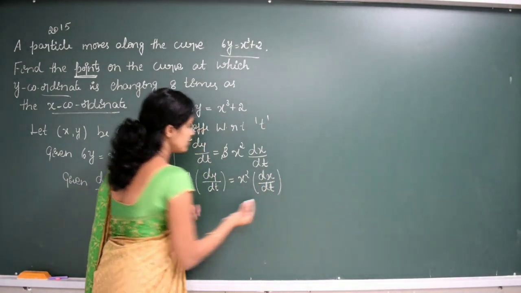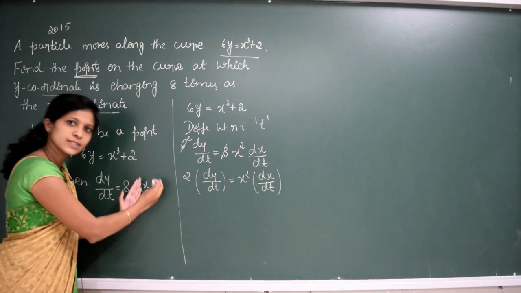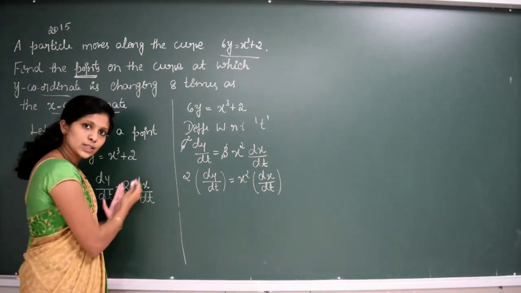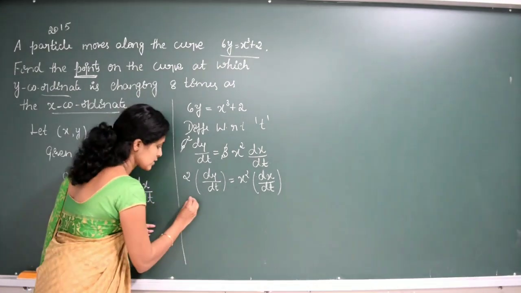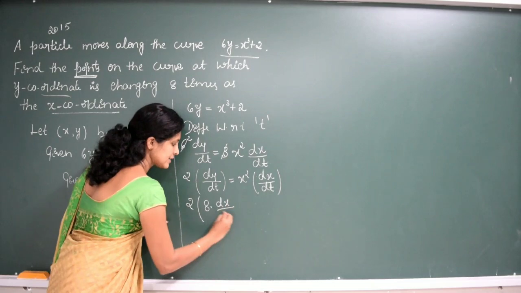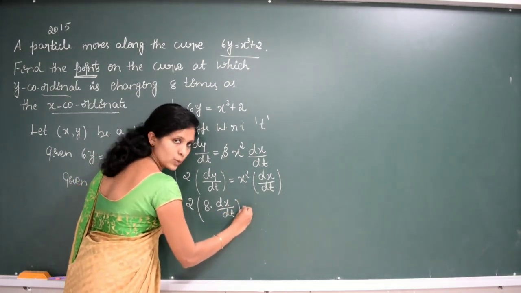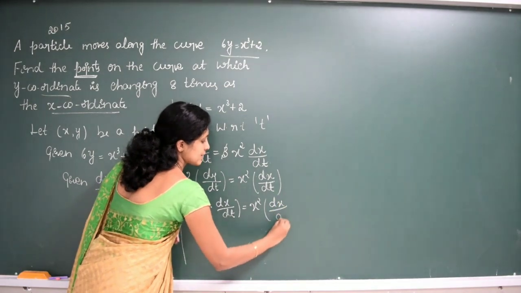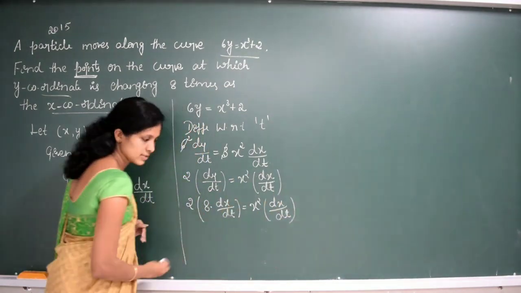The value of dy by dt is 8 times dx by dt. So we will substitute this dy by dt as 8 into dx by dt. So this will be 2 into 8 dx by dt, equal to x square into dx by dt. We will collect the terms in dx by dt.